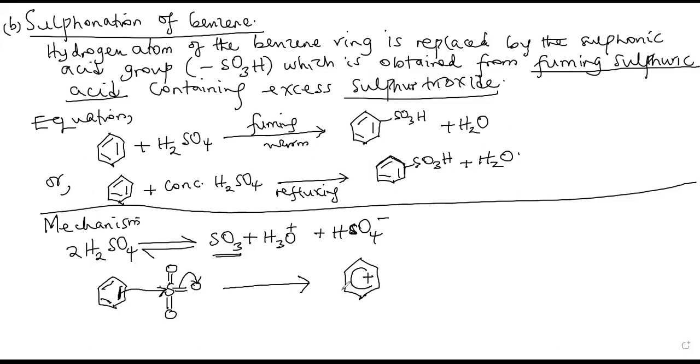At every corner of a benzene ring, there is a carbon and hydrogen. So here we shall have a hydrogen, which would be momentarily bonded to the sulfur trioxide. All right. So we have this.